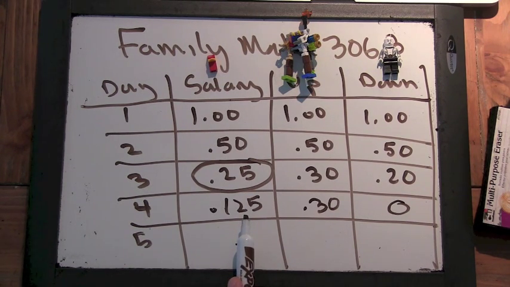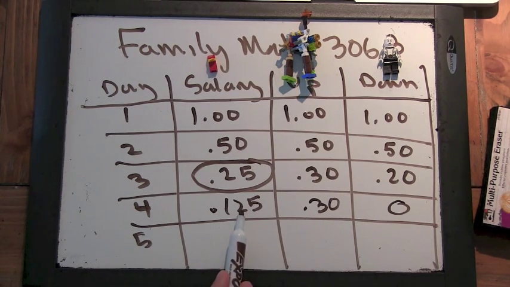So 2.5 times 0.125: 2 times 0.125 is 0.250, and then a half of 0.125 is 0.0625. So what calculation do we have to do? 2.5 times this minus this. What does that work out to be?